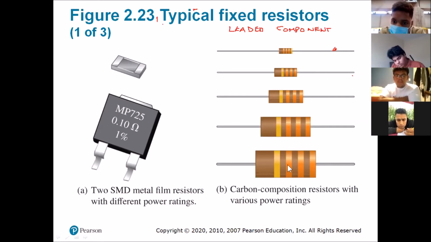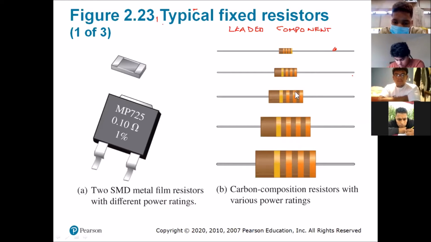A lot of surface area to get rid of heat. So the power rating, the amount of heat we can dissipate, is determined by the size. We'll talk about power and energy in chapter 4.